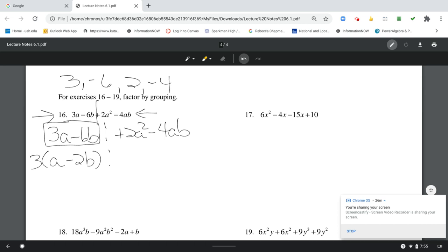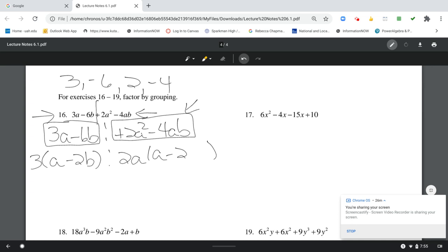Now, when I move into the second group of terms, I'm going to take out the greatest common factor of 2. Also, if you notice, both of the terms in this box have an A, so I'm going to take out an A. So now I need to put 2 reduced terms back. 2 divided by 2 is 1. Subtract your exponents. -4 divided by 2 is -2.